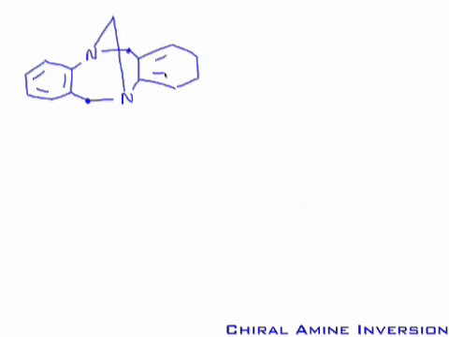This molecule is often referred to as Troger's base. The lone pairs off of the nitrogen, because it's pinned back and is tied in this bicyclic ring structure, it's prevented from inverting. And as such, it is chiral and doesn't invert.